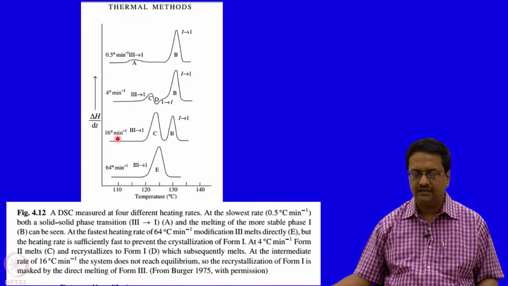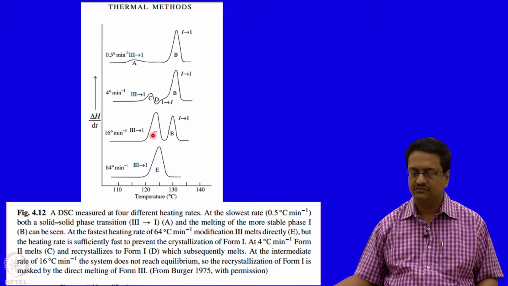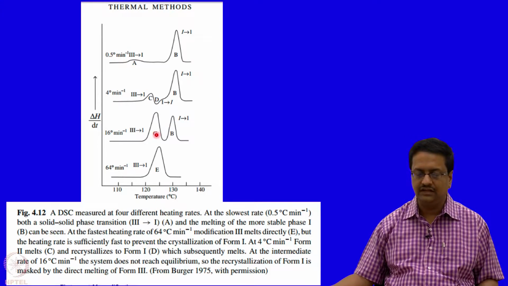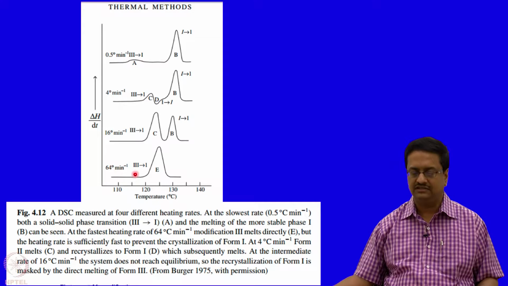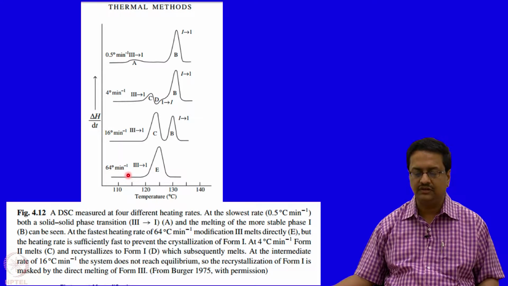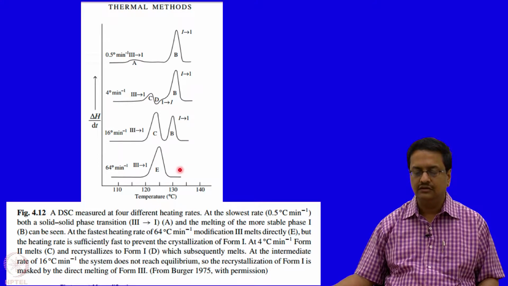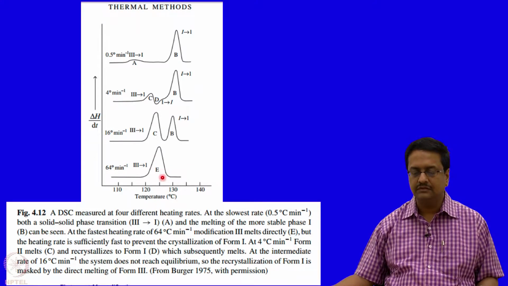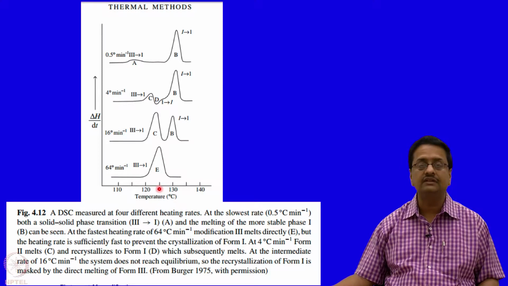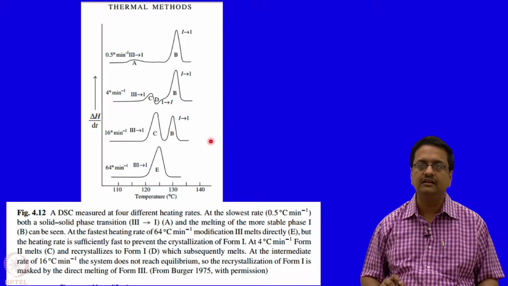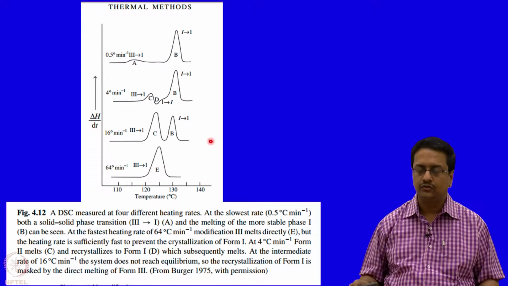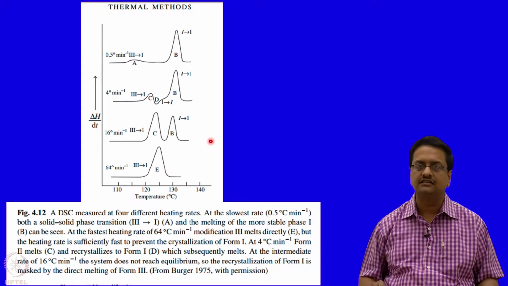At 16 degree per minute heating rate, 3 converts to 1, and then 1 melts to liquid like this, and at much faster rate, that is 64 degree per minute heating rate, form 3 directly gets converted to a liquid phase at about 125 degree centigrade temperature. So, these plots indicate the heating rate in a DSC experiment is very important to observe different physical transformations.